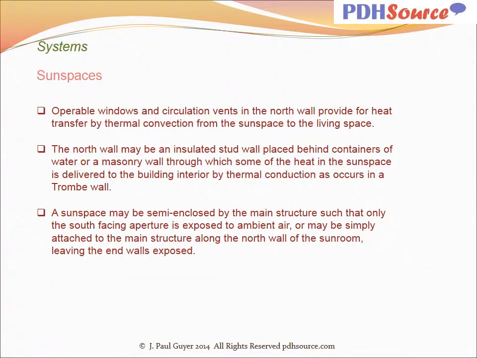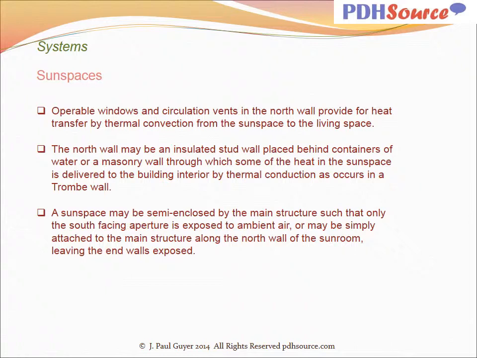Operable windows and circulation vents in the north wall provide for heat transfer by thermal convection from the sun space to the living space. The north wall may be an insulated stud wall placed behind containers of water or a masonry wall through which some of the heat in the sun space is delivered to the building interior by thermal conduction as occurs in a Trombe wall.